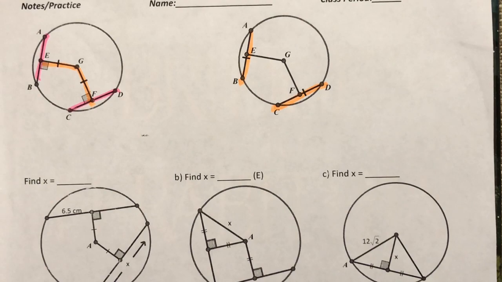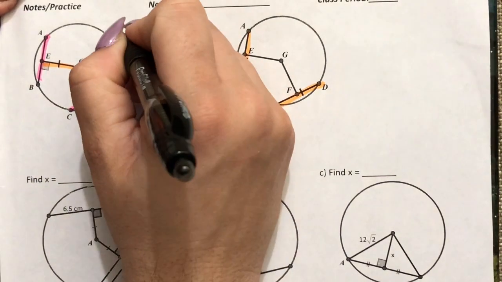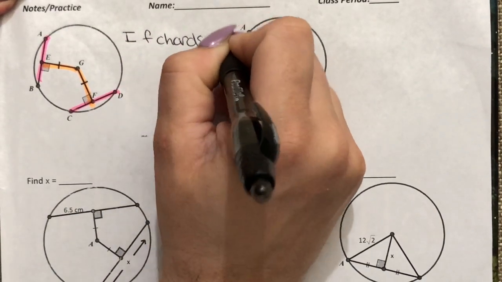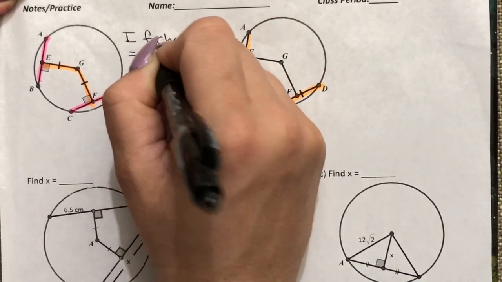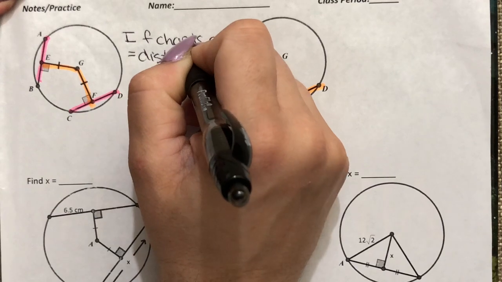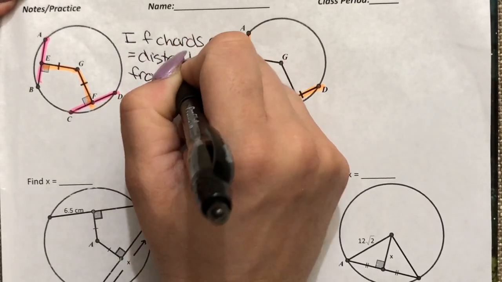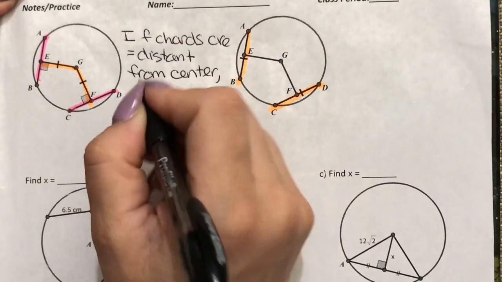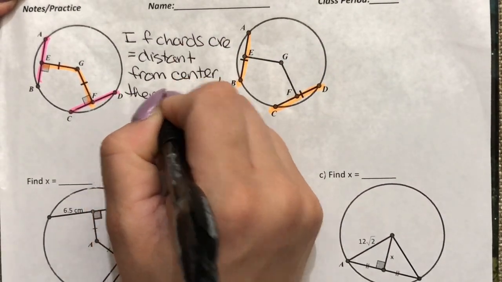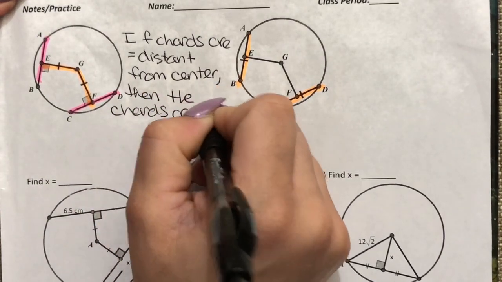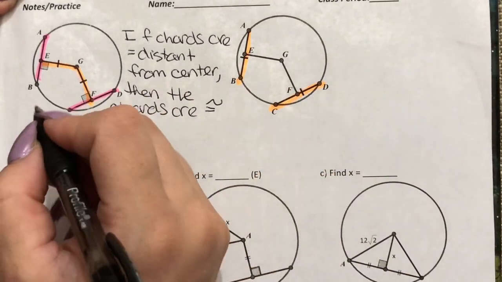So what we're going to write is, if the chords are an equal distance, or equal distant from the center, then the chords are congruent.